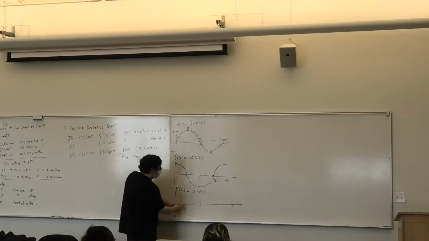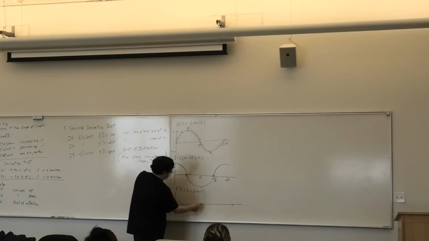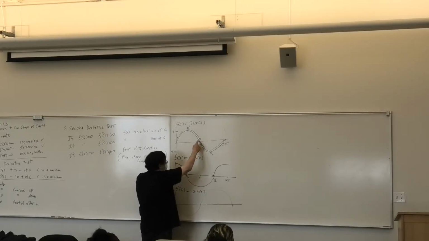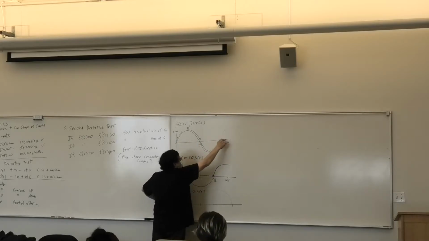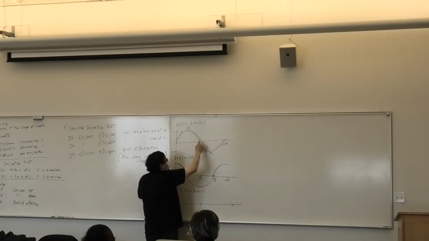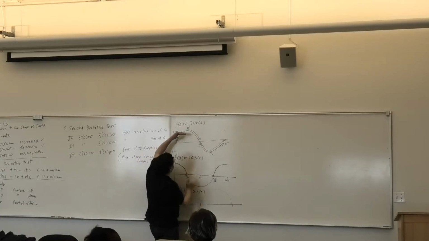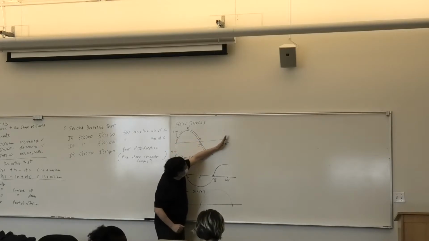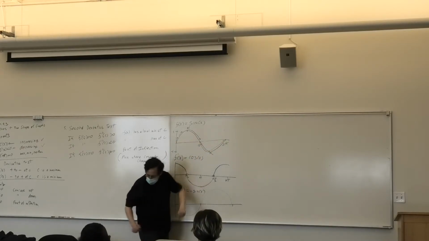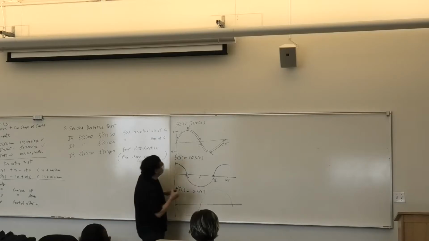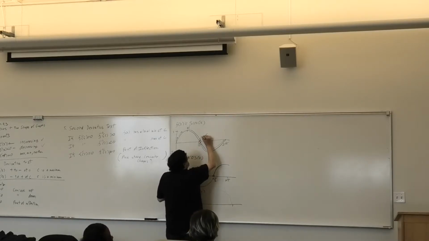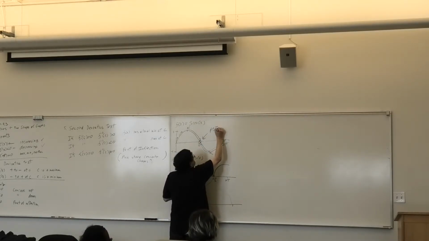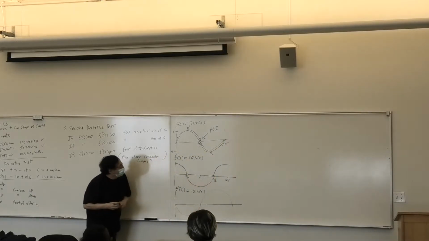Well, here's our, I can draw the graph further, but let's just look at pi. What happens here? It's concave down, and this is exactly the point where it starts to become concave up. That's our point of inflection. I abbreviate.